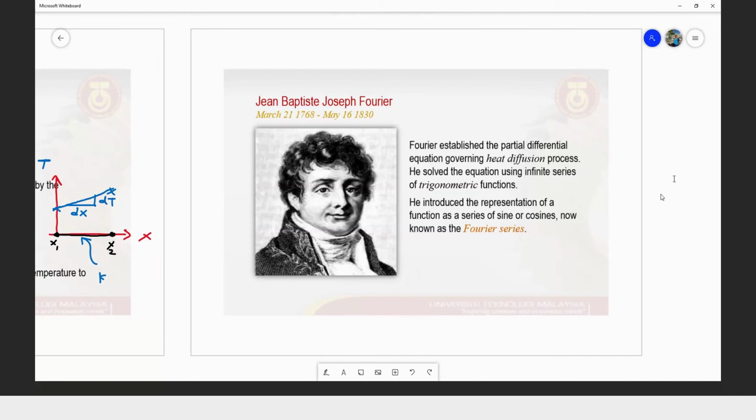Fauza equation. Actually, the name of the equation is something else initially, but now people refer to it as Fauza equation. Fauza tu nama ayah dia sebenarnya. Nama dia lain sebenarnya. So Fauza equation. If you search for Fauza equation, then you will find him.